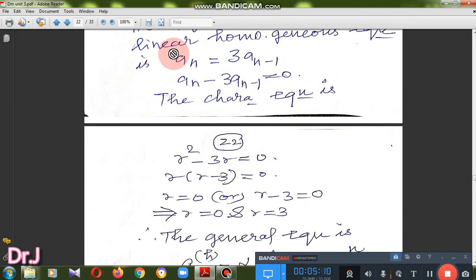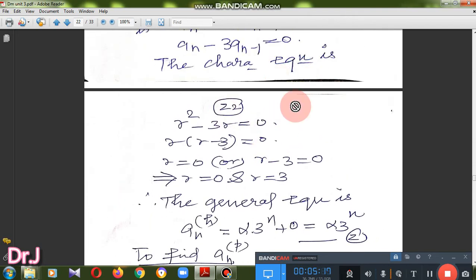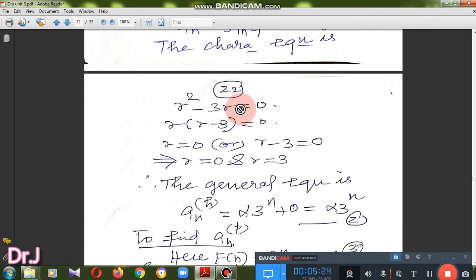Now let us find the roots of this characteristic equation as we do usually. We can write r squared minus 3r equals 0 as r times (r minus 3) equals 0.